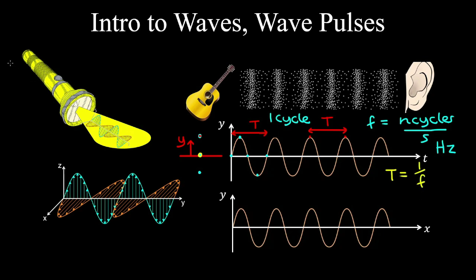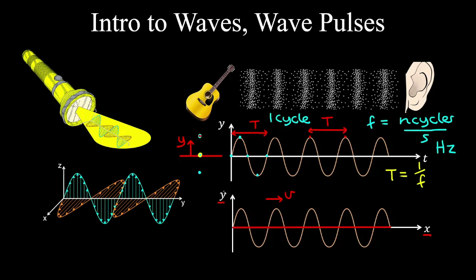Now the wavelength, on the other hand, is obtained if we plot the displacement of the particles in the string versus the position along the string at a particular time. So for example, this here is our string, and as the disturbance moves through the string at some velocity, the particles are going to oscillate in this manner.